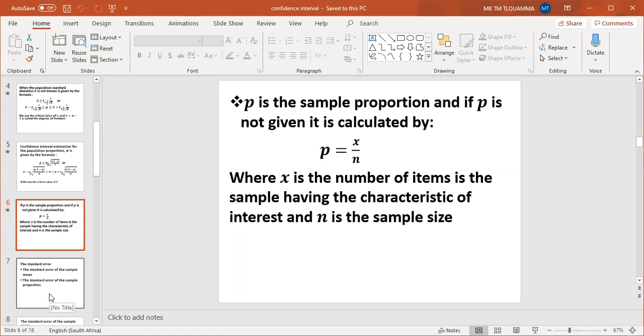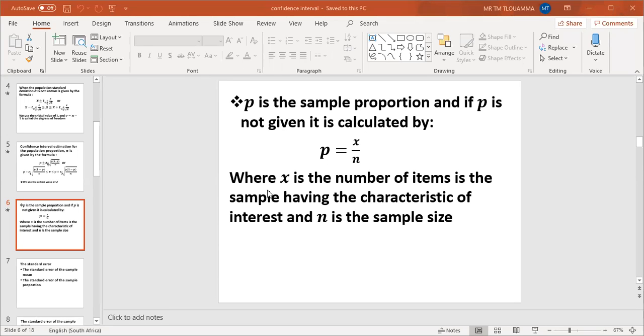With the sample proportion, P is the sample proportion, and if P is not given, it's going to be calculated like this: P equals X divided by N, not X bar. You must make sure that you don't confuse the two. This is not X bar, but X, meaning it's going to be X divided by N. This is how you calculate the sample proportion if P is not given.